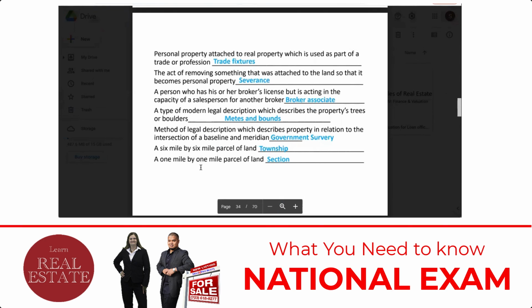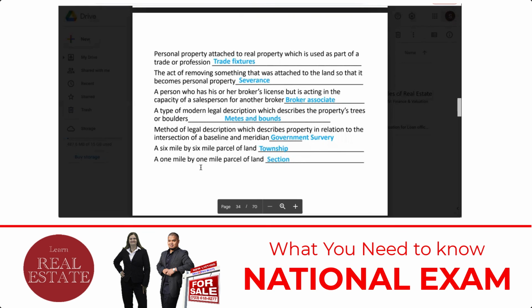Personal property attached to real property, which is used as part of a trade or a profession, I'm sorry, is a trade fixture. You guys know if it's used as part of their business, it is a trade fixture, okay? The act of removing something that was once attached, you know that's severance, right? You're severing something, you're removing something.